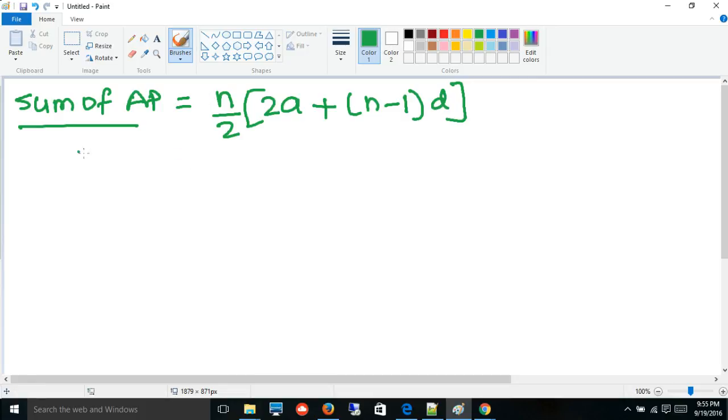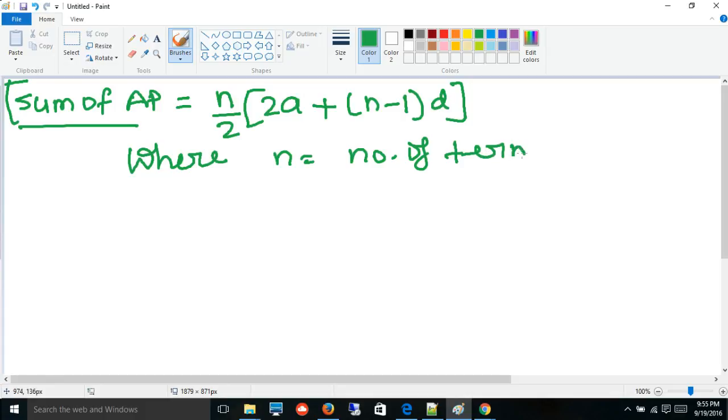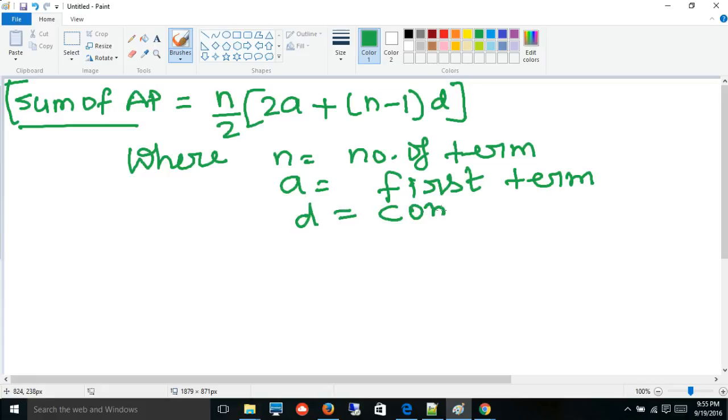So this is the formula, where n equal to the number of terms, a equal to the first term in the series, and d is equal to the common difference. This is the nomenclature for these symbols.